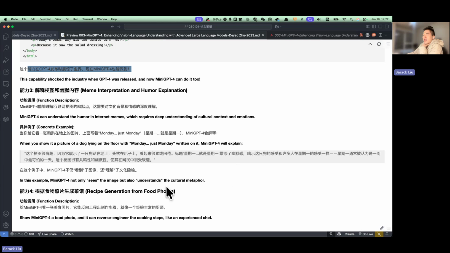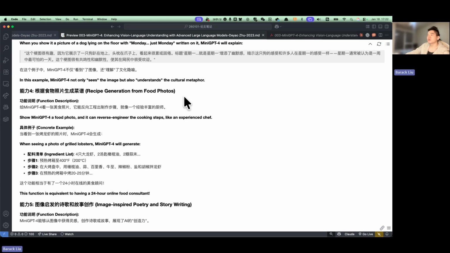Okay. In this example, Mini GPT-4 not only sees the image, but also understands the cultural metaphor. Does that mean that if we make Mini GPT-4 read the law for lots of time, it can understand the metaphors or proofs even much better than a normal audience?